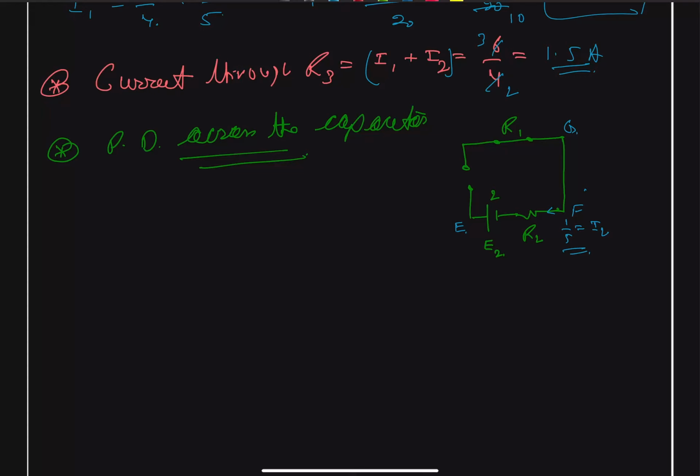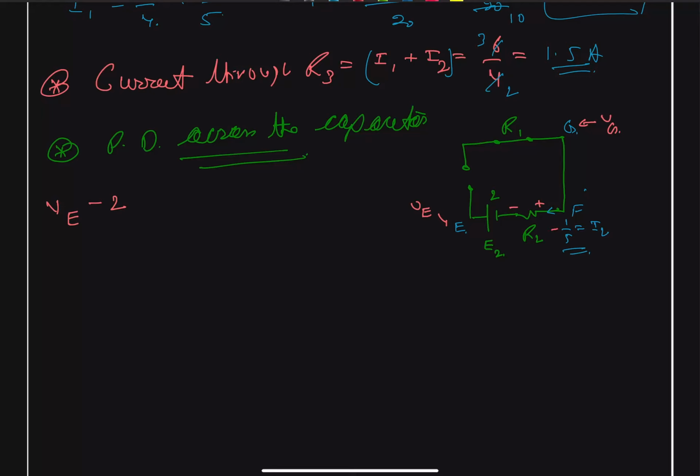So we can say that our VE, that is the potential at point E, let us call that our VE, and at G let us call that our VG. So we can say our VE, and this is our fall in potential, that is minus of 2, and this will be our minus and this will be plus, so that will be our rise in potential, but the current is negative, we have to remember it.